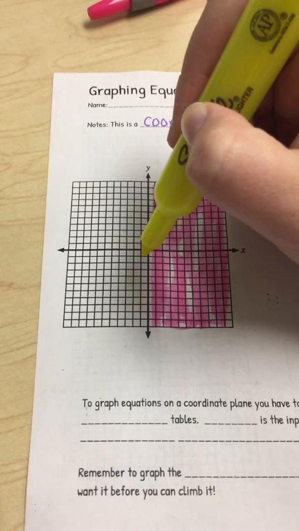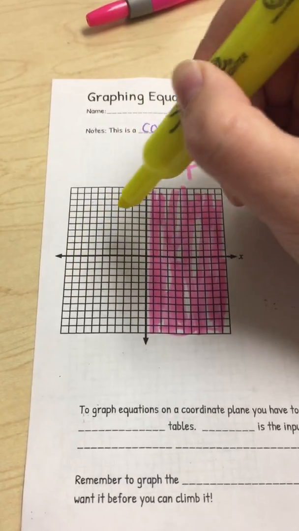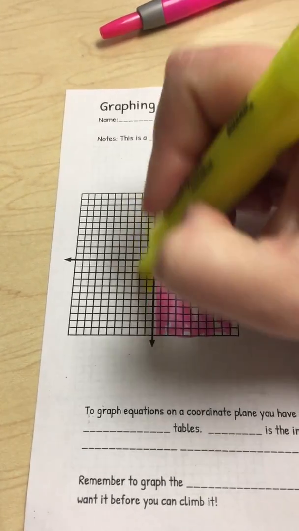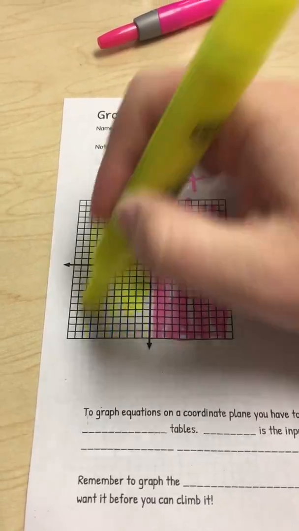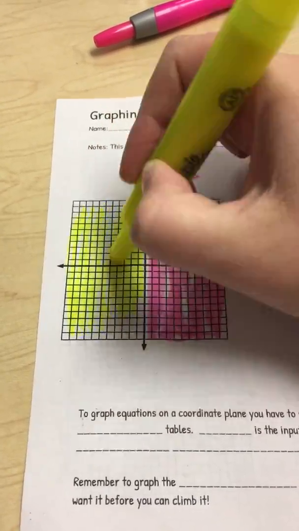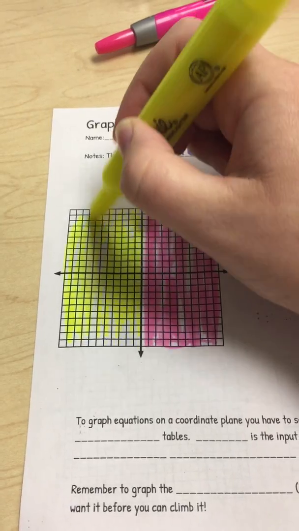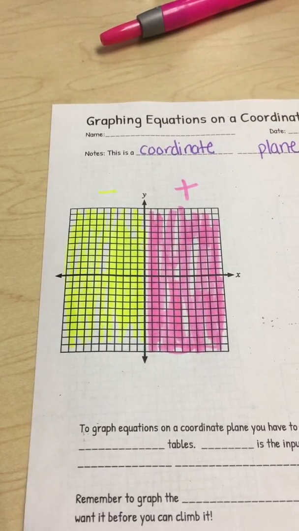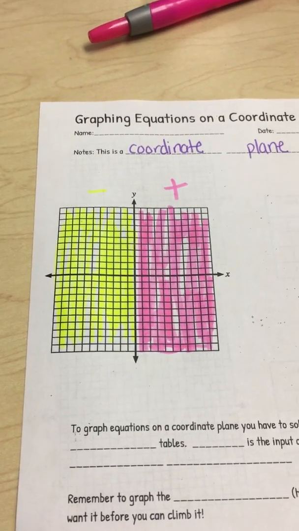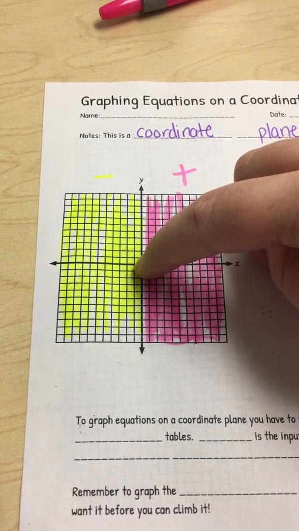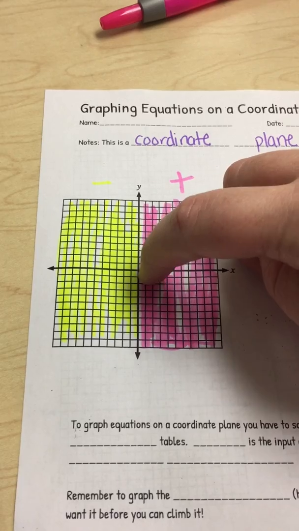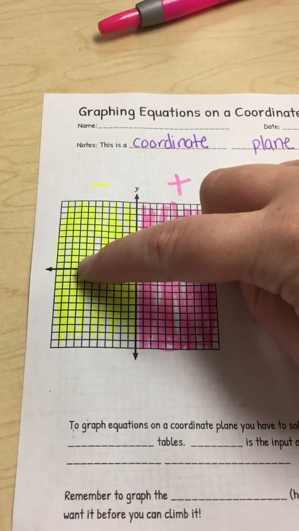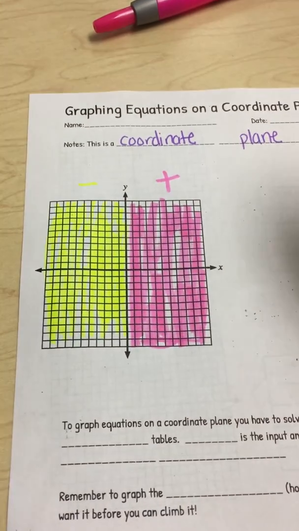If you had to graph a negative number on the x-axis, you would graph it on this half of the coordinate plane. I'll mark that one negative. So if you had a negative x number, you would mark it going this way: -1, -4, -7, -10, and so on and so forth.